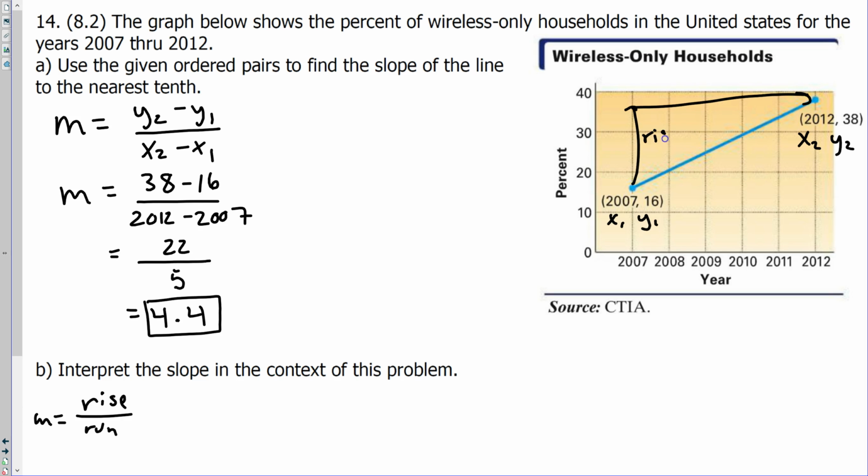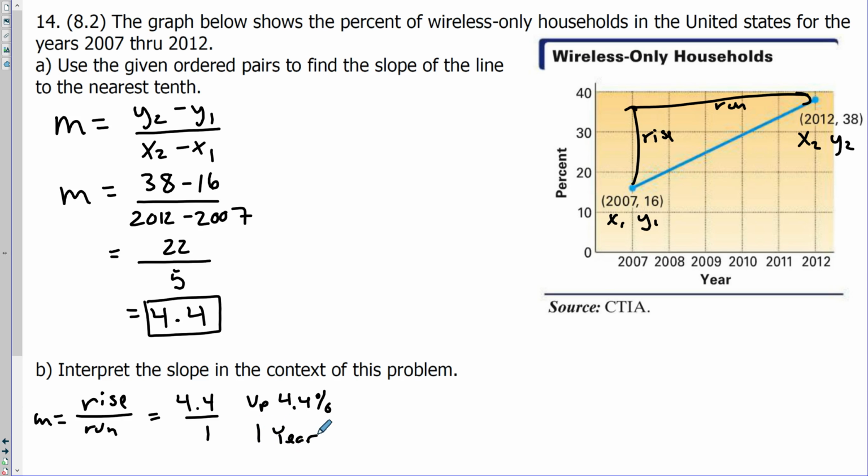So we have to rise a certain amount and run a certain amount, and that's what we can see for our 4.4 here. We can think of that as 4.4 over 1. So I need to go up 4.4% for every one value on my x, which is years, for every one year. So that's how we can interpret this.